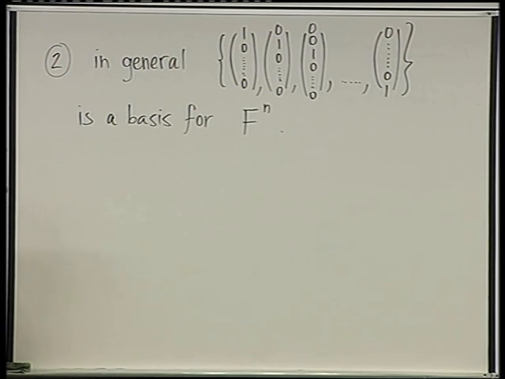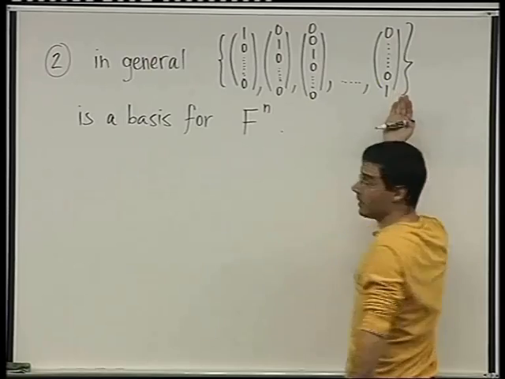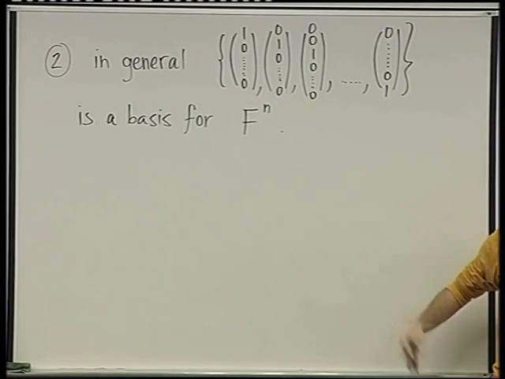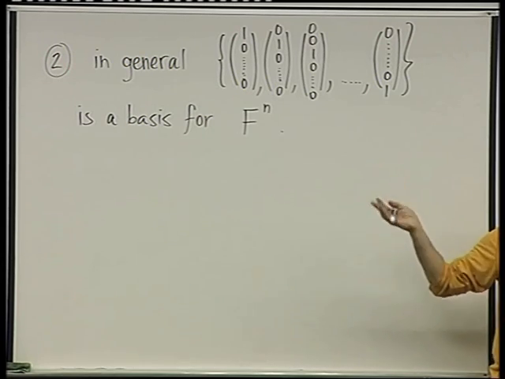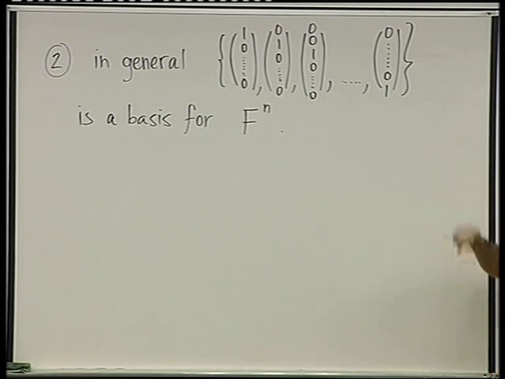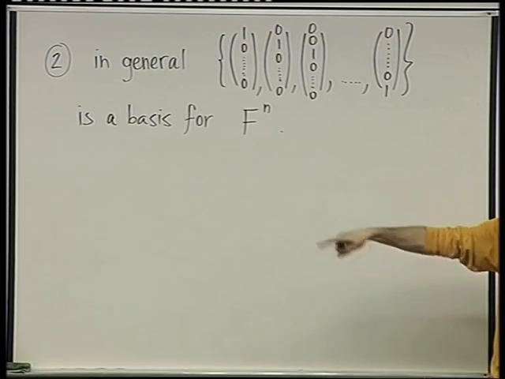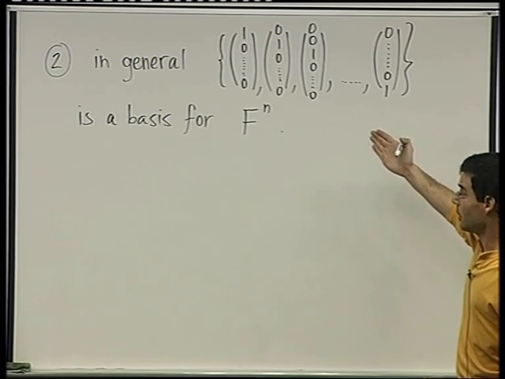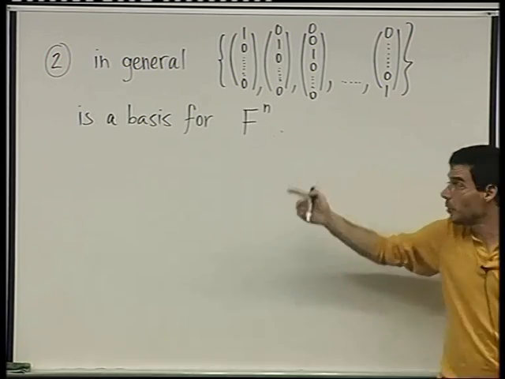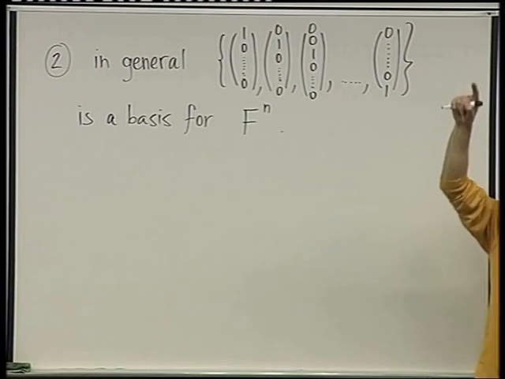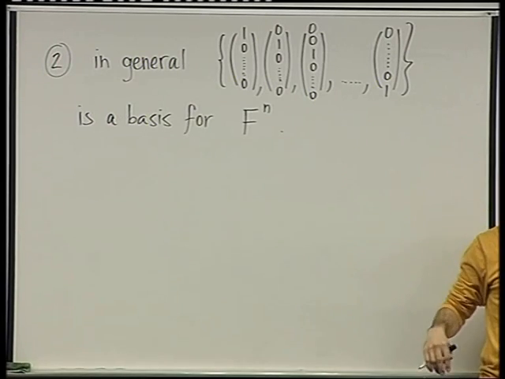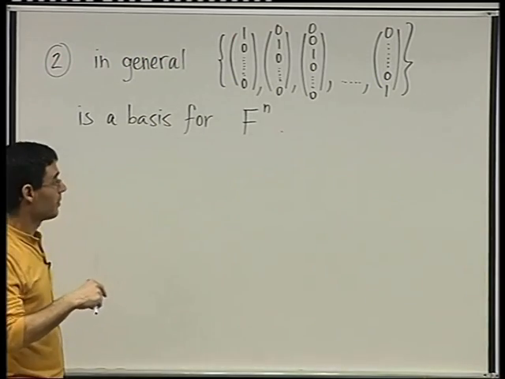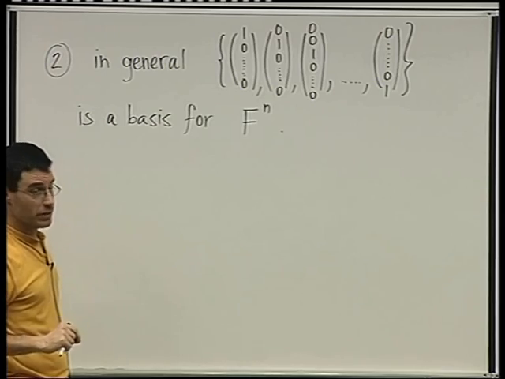Okay? Why? Well, they're linearly independent. Just straighten them out as rows of a big n by n matrix, and you're going to get the identity matrix, echelon form and no zero rows. Okay, so they're linearly independent, just like in the toy example in R3. And they span everything, because you can write any general vector in Fn, a1, a2, a3, and so forth, all the way to an.